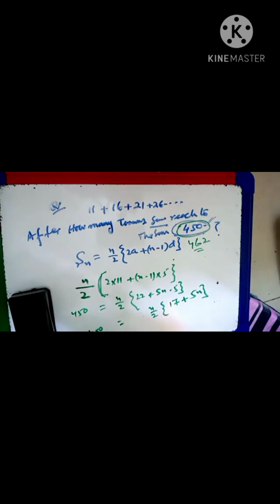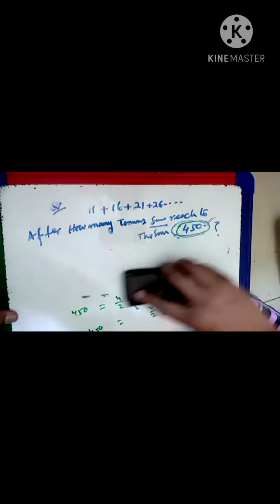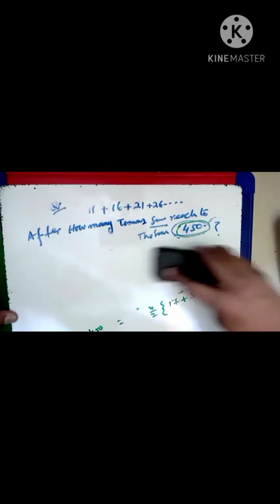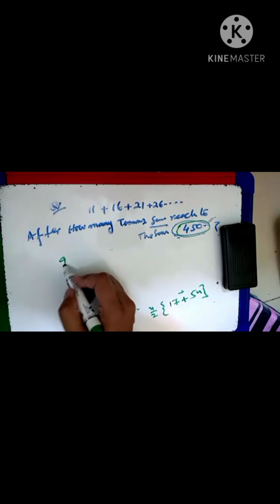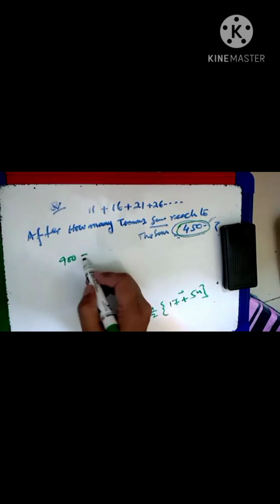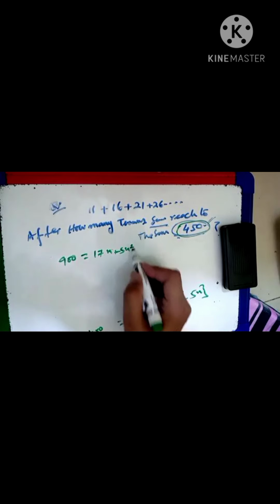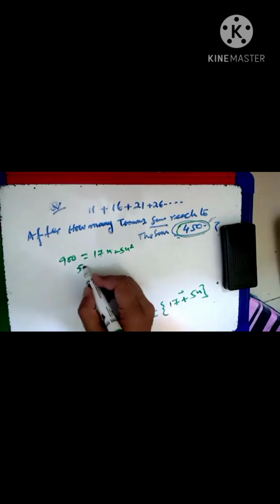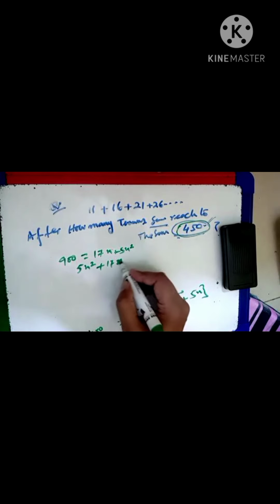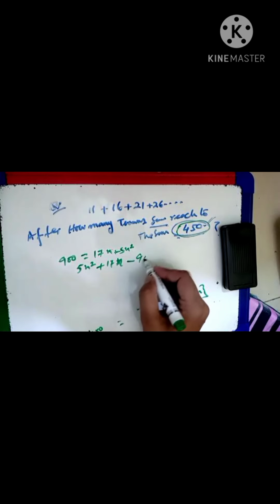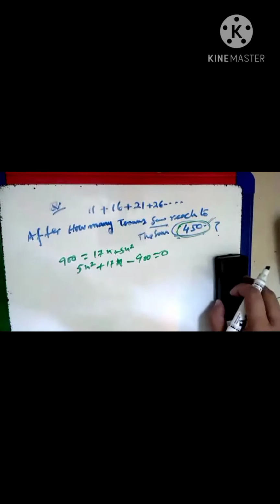So if I move it to the other side, see what it will be. 450 becomes 900. So 900 equals 17n plus 5n square, which means 5n square plus 17n minus 900 equals 0. Was your quadratic equation this or not?